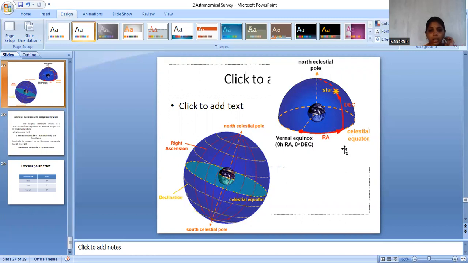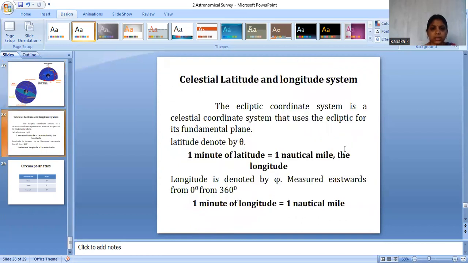This one is declination. Next, the celestial latitude and longitude system, using the ecliptic. The ecliptic coordinate system is a celestial coordinate system that uses the ecliptic as its fundamental plane.